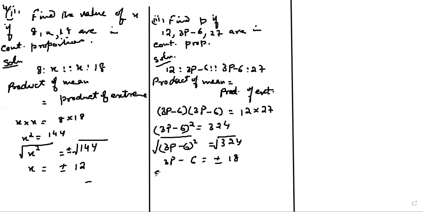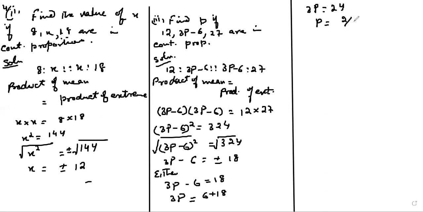Just taking either 3p minus 6 equals plus 18, means 3p equals 6 plus 18, 3p equals 24, or p equals 24 over 3 equals 8. So this is one value.